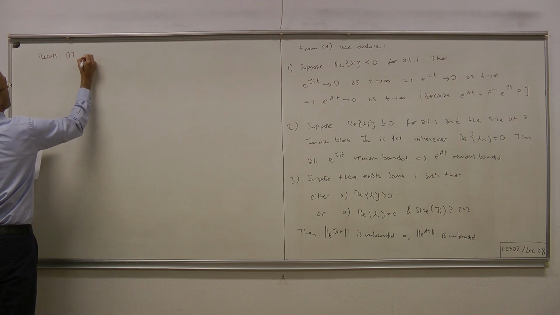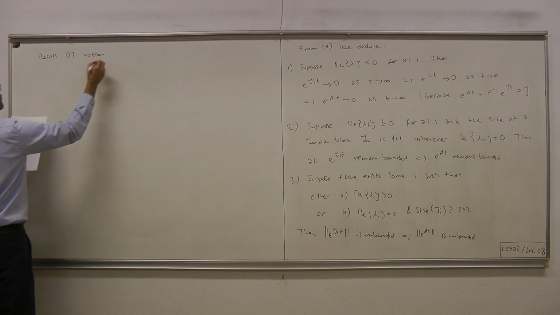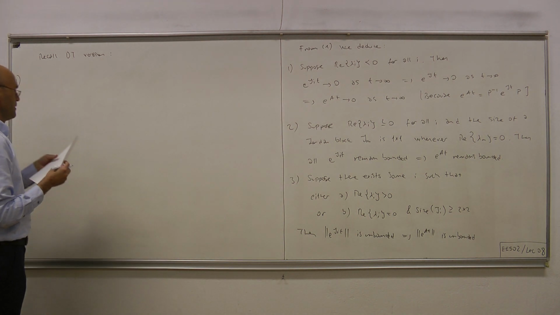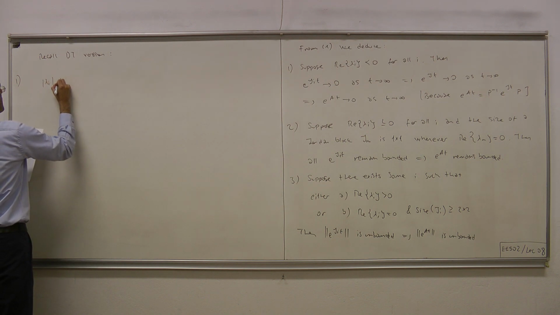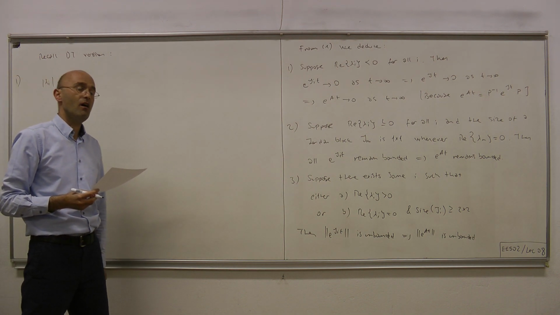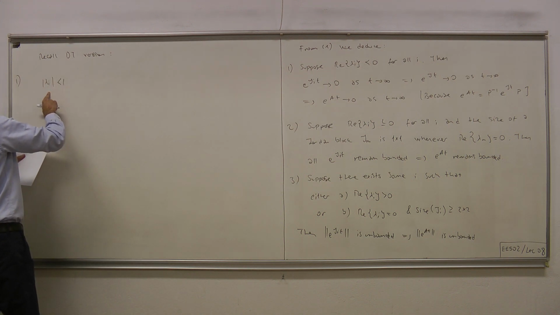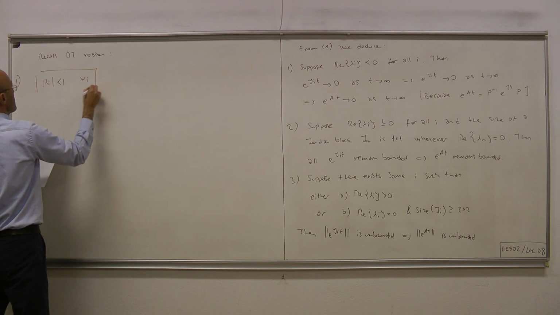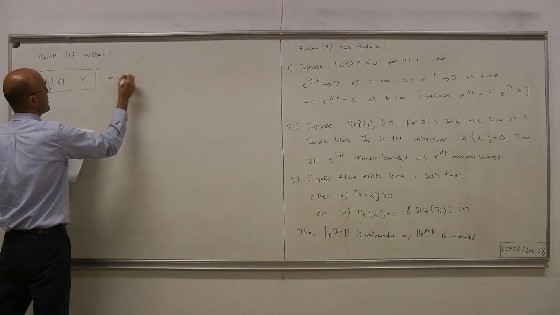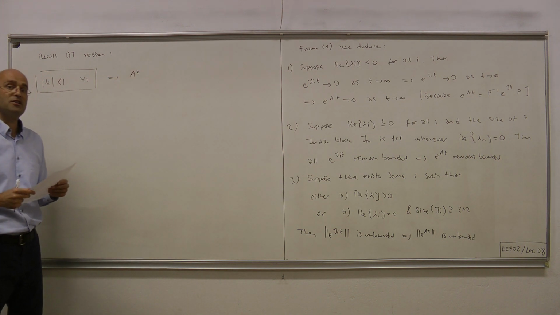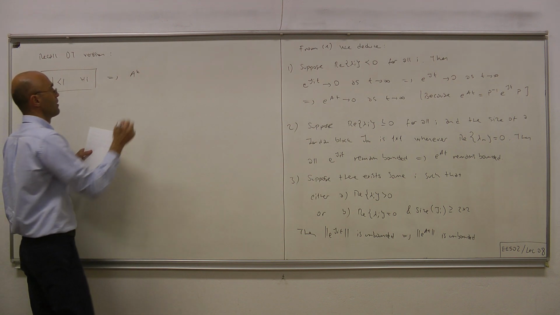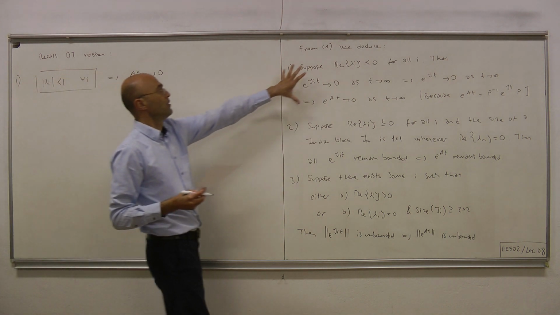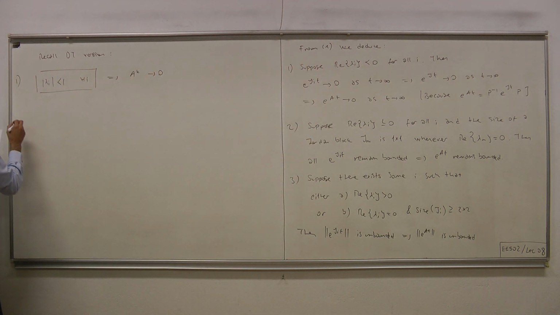The discrete time version of case one is if all the eigenvalues have strictly less than 1 magnitude for all i. Under this condition, the state transition matrix in discrete time, which is simply A to the k, converges to 0.